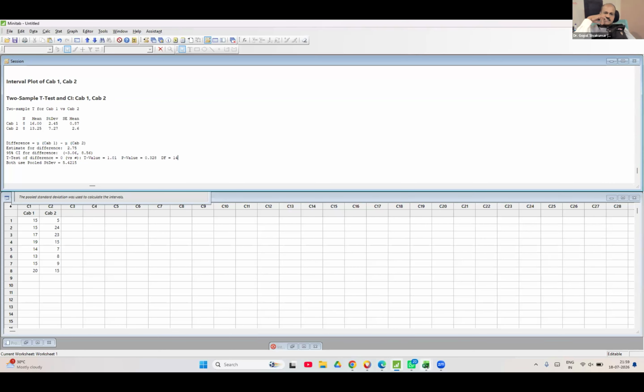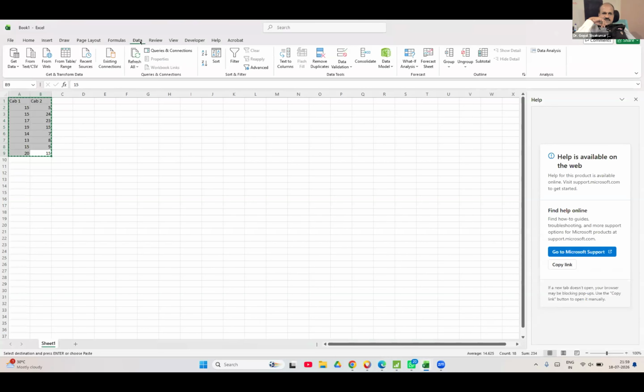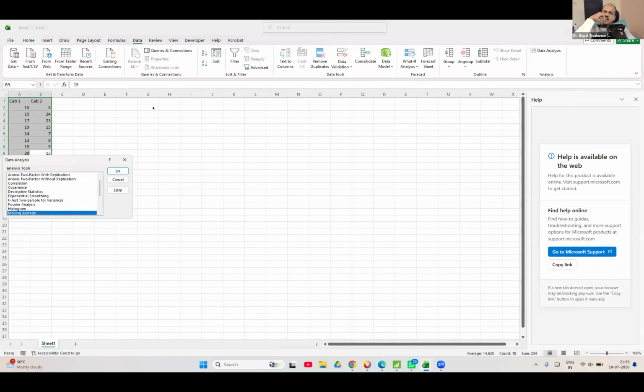Yes, sir. Just open the Excel file. Is your data analysis add-in already enabled? Yes. Click on Data Analysis. Now first do it with ANOVA, single factor.